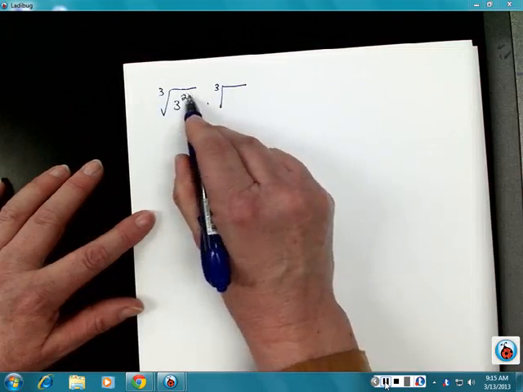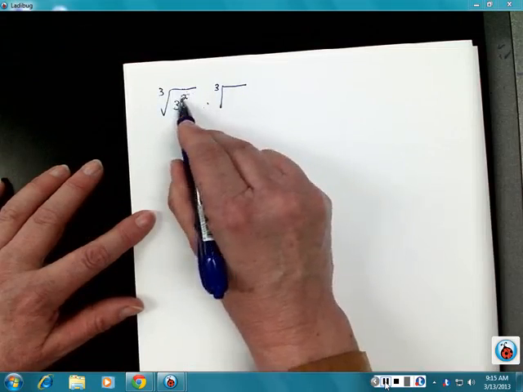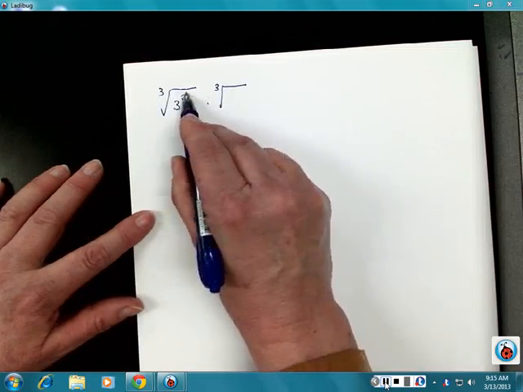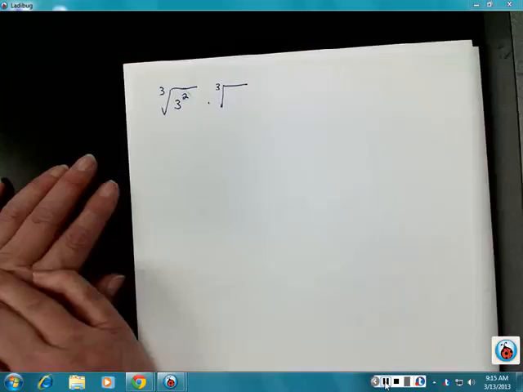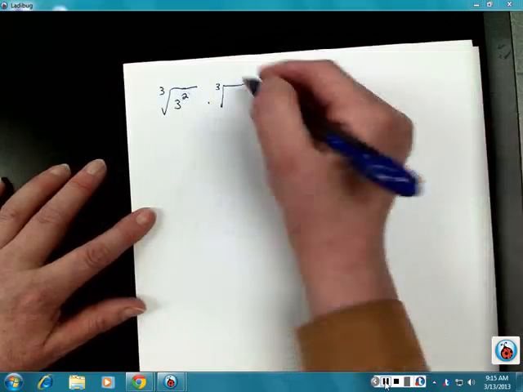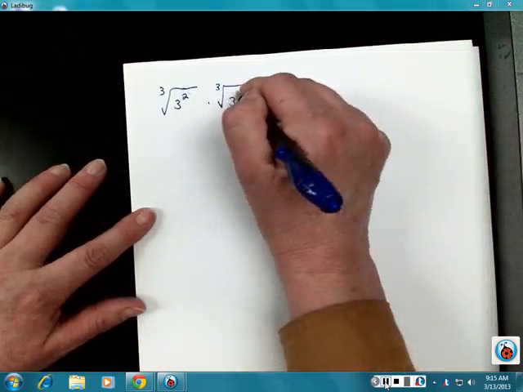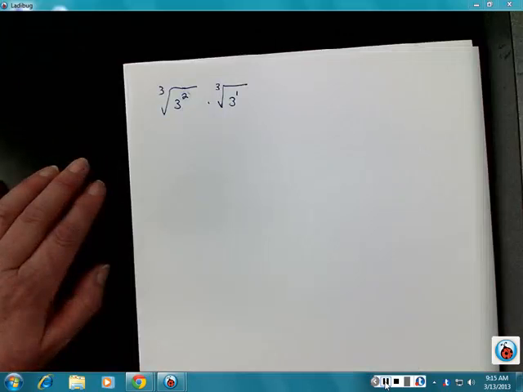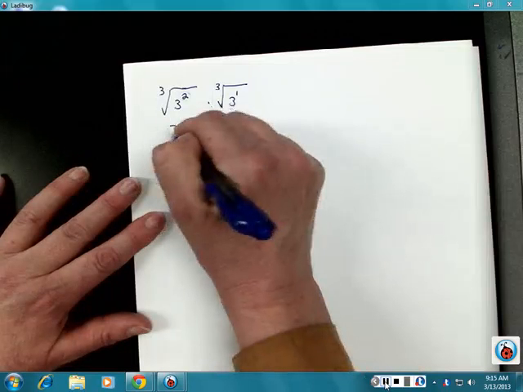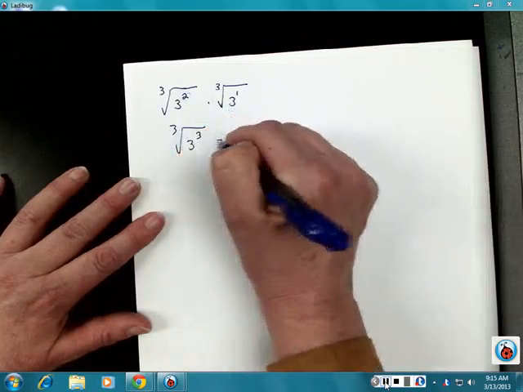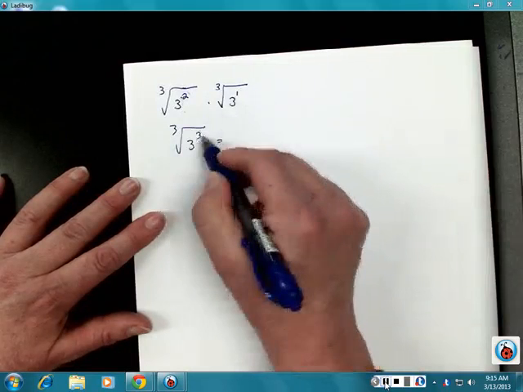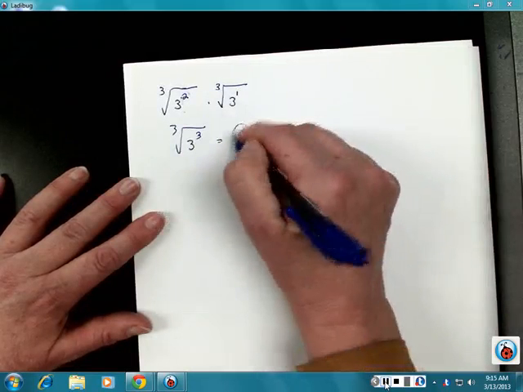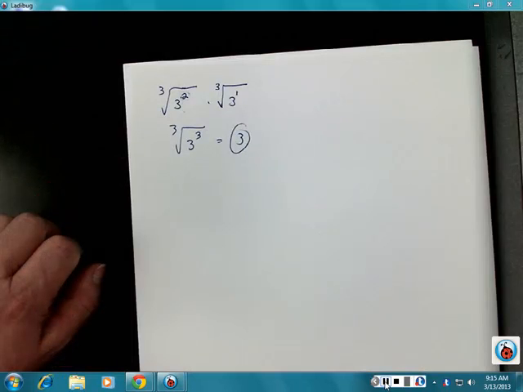What should it have to be? What should I make it be? I should make it be a cube, right? I should make it be a 3. So if I make that a 3, what would I have to multiply it by? Really, I had to multiply it by 3 to the first power, correct? Because then what would happen is I would have 3 cubed under there because 2 plus 1 is 3, and that would equal 3. Yes or no?